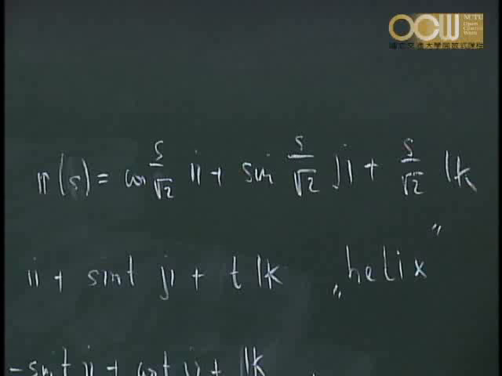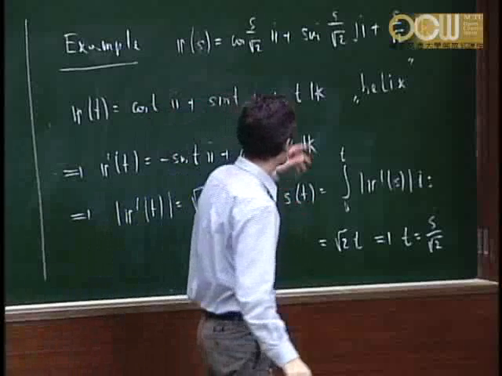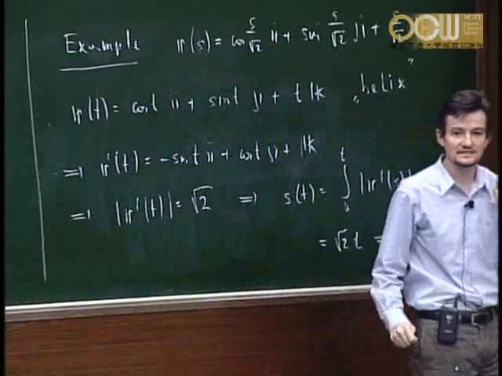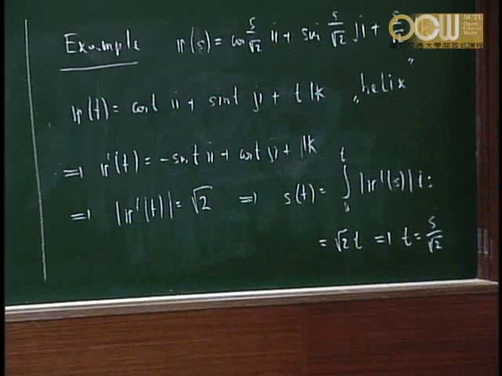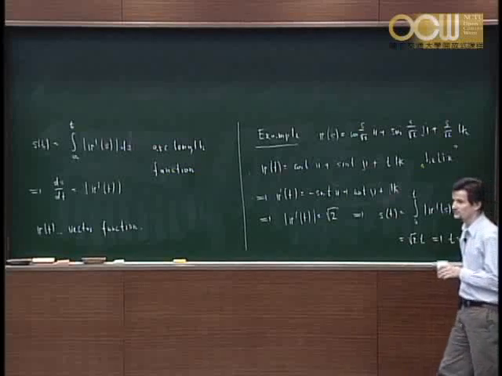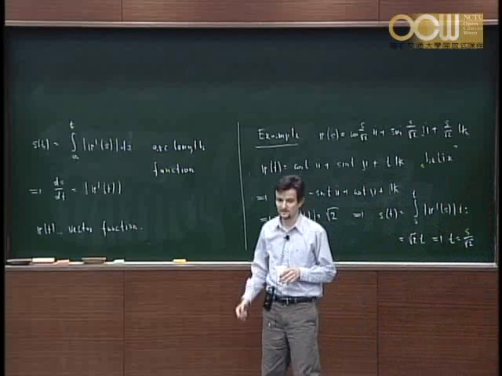So this will also give you the helix, but the meaning of the parameter s is different. Now, maybe already from here you can see what is the advantage of introducing the arc length as a parameter.